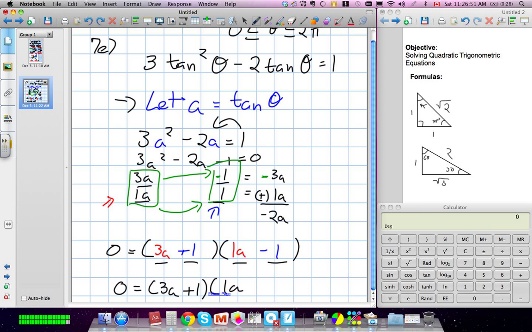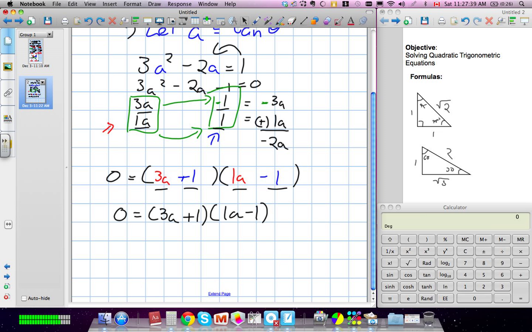Do you want to do decomposition here? Okay. The other way we could have solved this is through decomposition. And I'll quickly go through it, because I think you know it. 3A squared minus 2A minus 1, right?